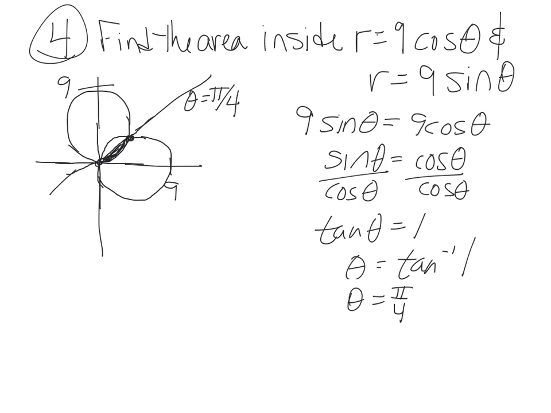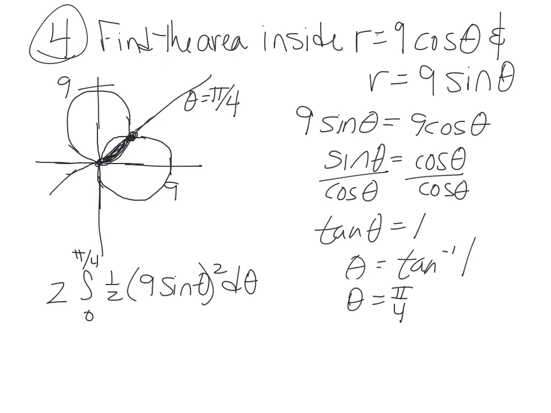It starts at 0 and it goes up to pi over 4. So if I find that area and double it, that's going to be the area of the intersection for this one. So it's going to be 2 times the integral from 0 to pi over 4 of 1/2 times 9 sine theta quantity squared d theta. So that's what I would be finding the area of to get me this overlapping region.